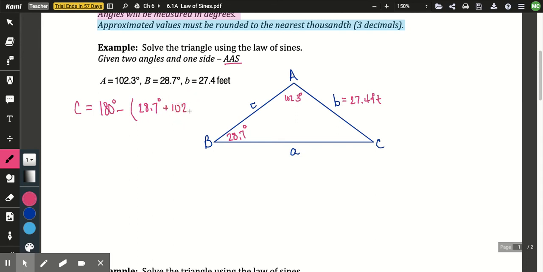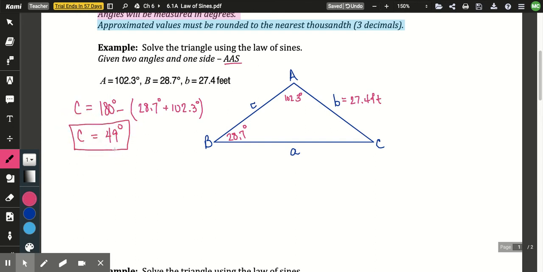I could just take 180 degrees and subtract each of those as well. That would be equivalent, and you can see that algebraically it works out. I'm going to do that in my calculator, and I get that angle C is 49 degrees. So that's one of my answers. I want to make sure I hold on to that.